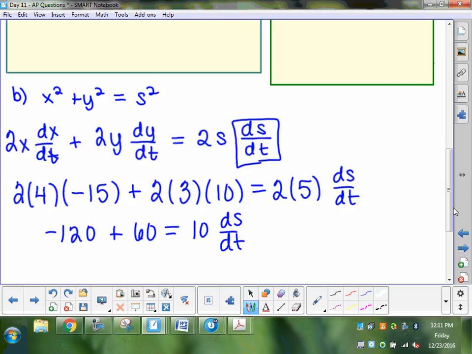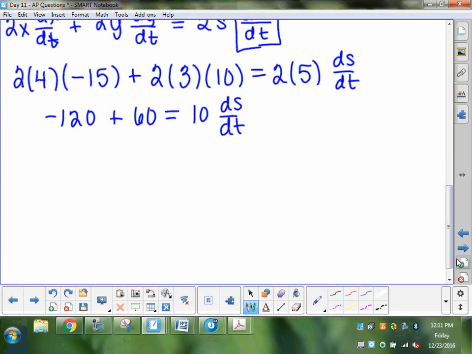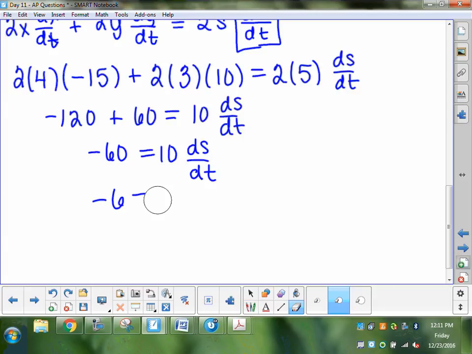So let's do the drastic step of adding these together. That would leave me with negative 60 equals 10 ds/dt. So what's ds/dt going to equal? Now, what would the units on that be? Kilometers an hour?